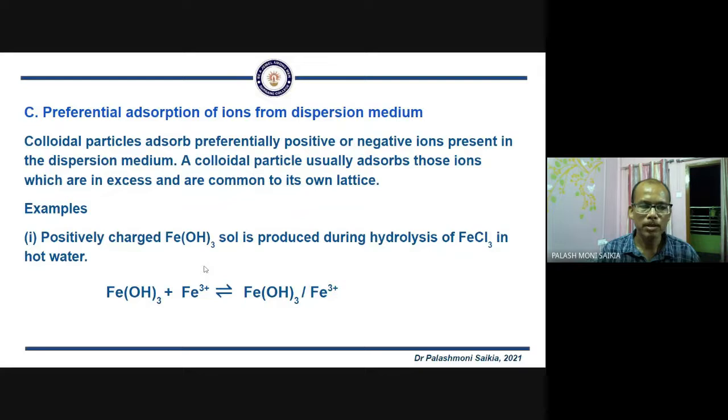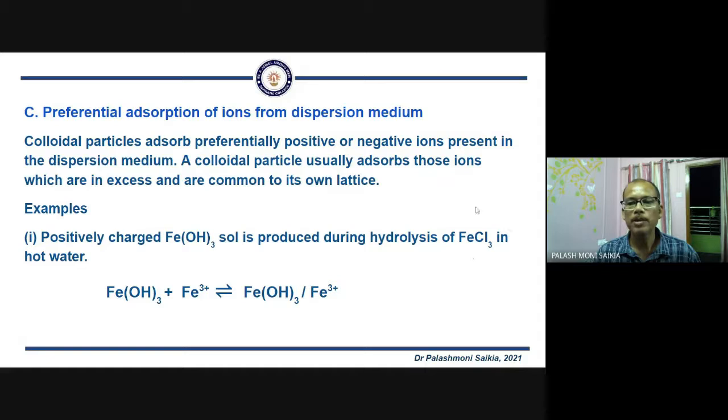So what actually happens here is that when ferric chloride is added, ferric hydroxide exists in a system in which it has a common Fe3+ ion. Ferric chloride has Fe3+ ion. Ferric hydroxide also has Fe3+ ion, so it has a common ion.